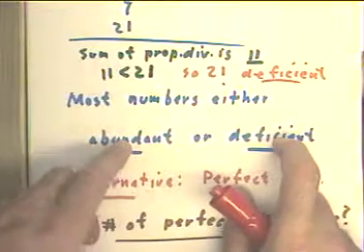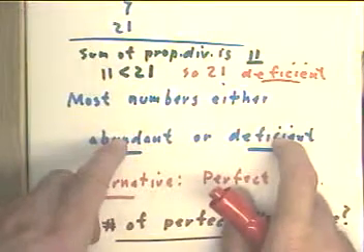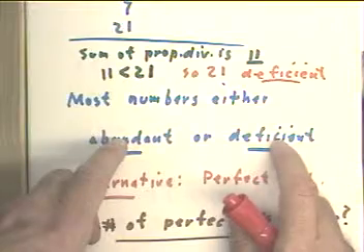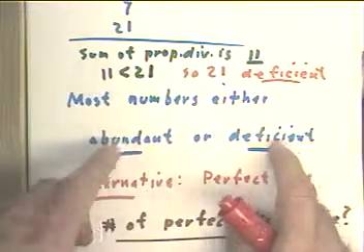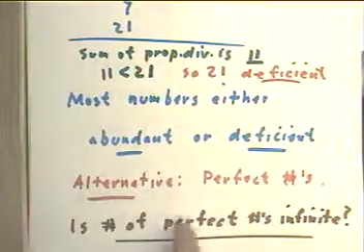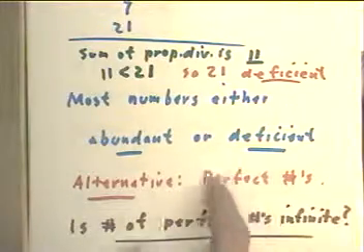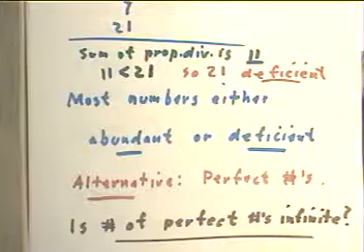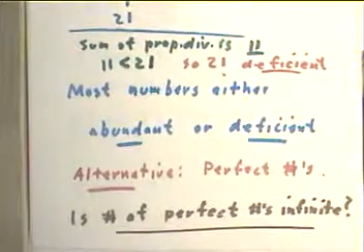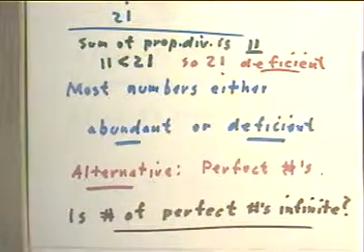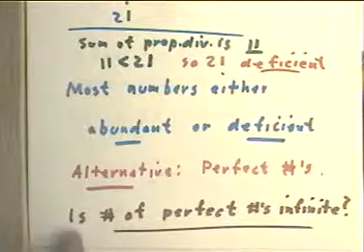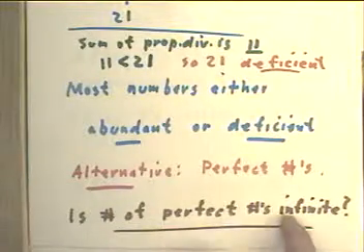Is there any alternative to adding up to more than or adding up to less than the number? Well, yeah, the alternative is what we call perfect numbers, where the divisors add up to the number itself. And there's an interesting question that we'll just pose here. We're not going to actually try to answer that question, but is the number of perfect numbers infinite?